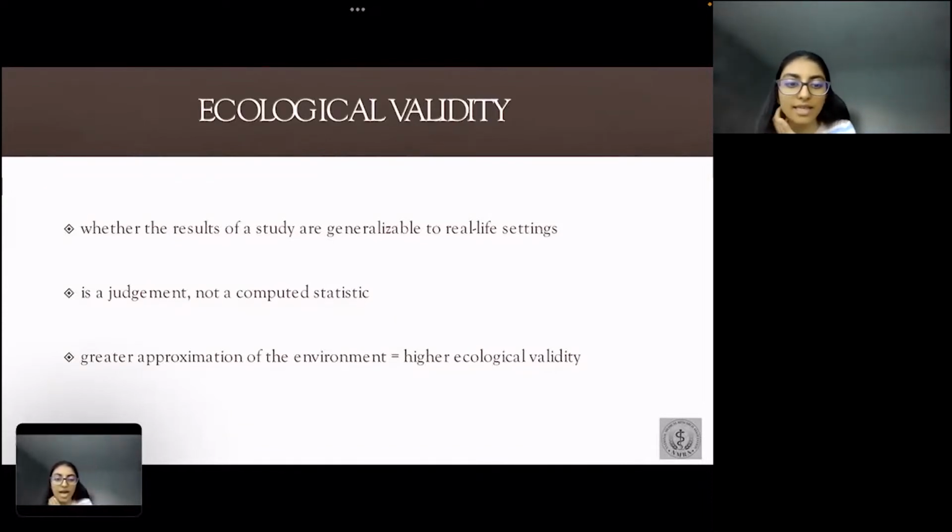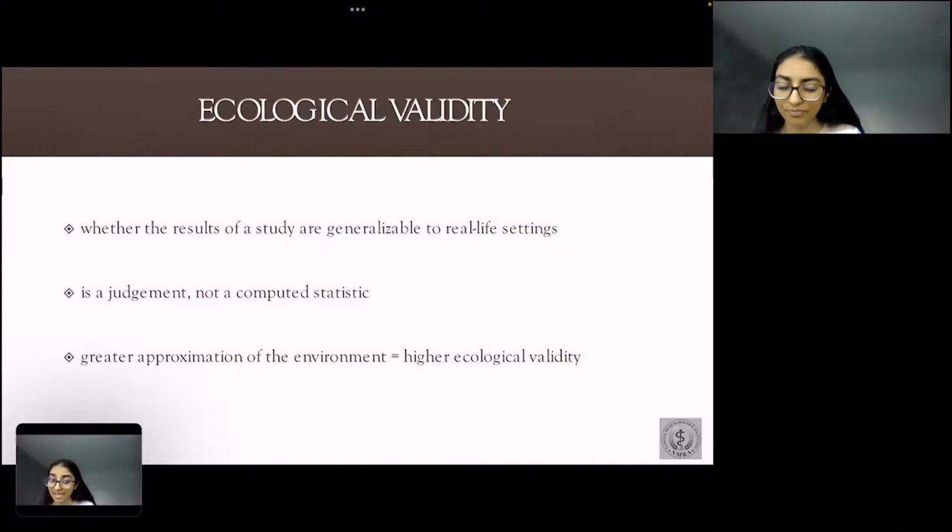And when referring to a particular instrument, for example, then its ecological validity can be computed as a correlation. So again, this is kind of leaning into stats, but it looks at the ratings that you obtain with that instrument and sees if it's an appropriate measure in everyday life.